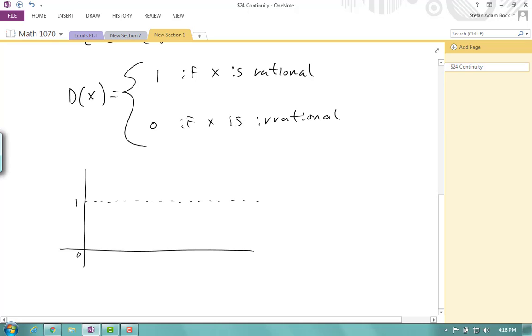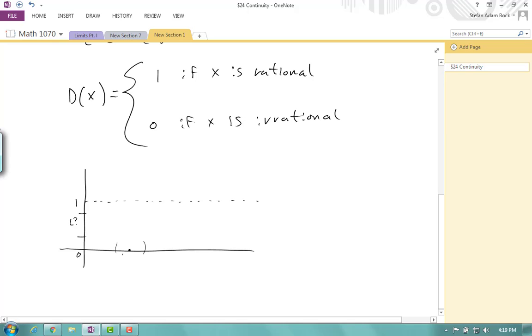Zero, 1. So how this works is pick any epsilon greater than 0 for your margin of error. I'm going to pick 1/2. Then what happens? Well, if I start using irrational numbers, then I'm supposed to have an input tolerance.